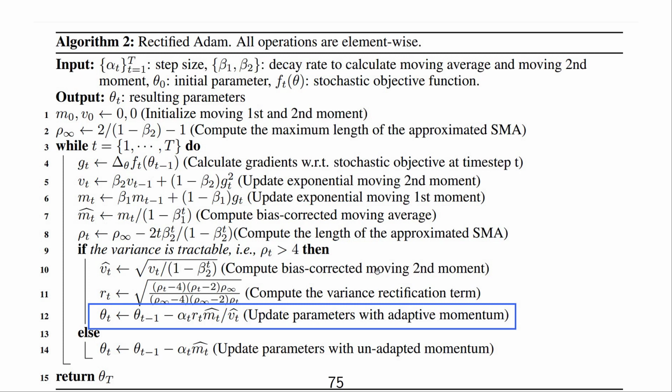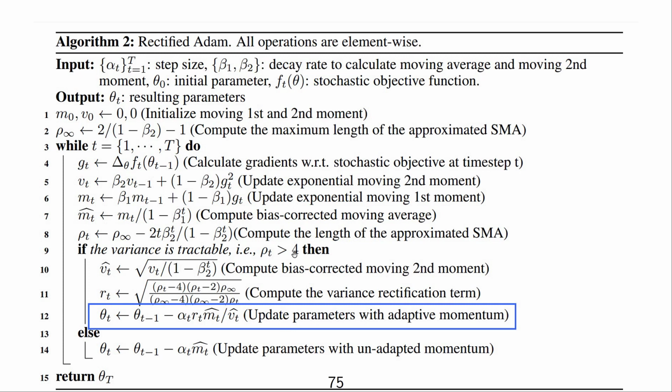They would do a bias corrected moving second moment, then they have this additional variance rectification term. This is something that they introduce as an additional factor, and then they would update the parameters with adaptive momentum.